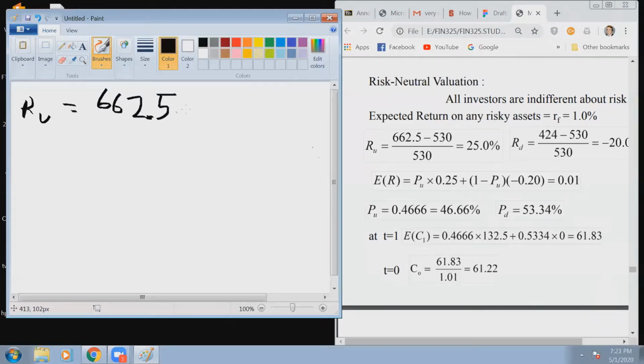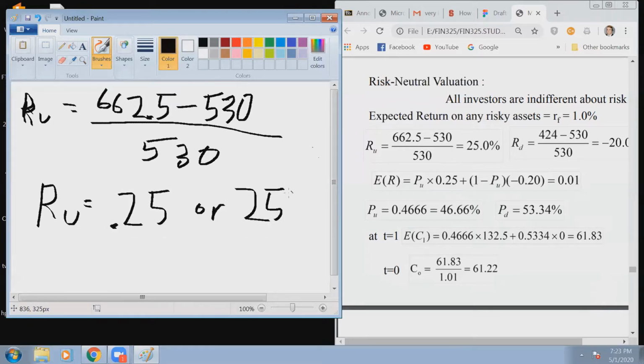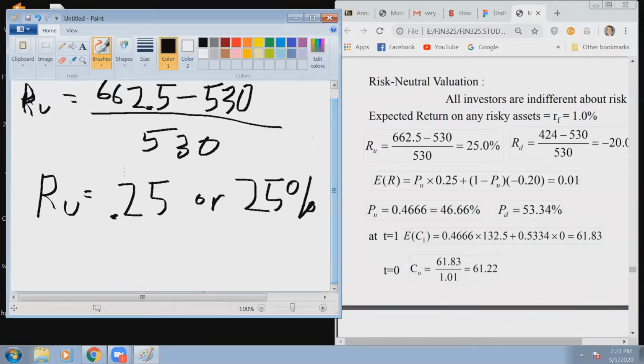We take that number and subtract the stock price it was at before, which is $530, and then we divide by the old stock price, and that will give us the return during that period on the option or whatever we're valuing in this case. If you make this calculation, you'll determine that the return in an upturn is going to be 0.25, or a positive 25% increase in the value of our option here.